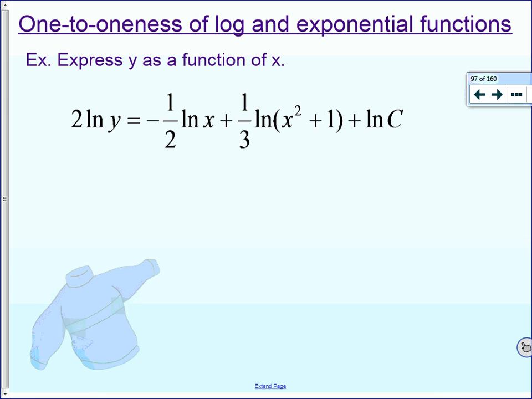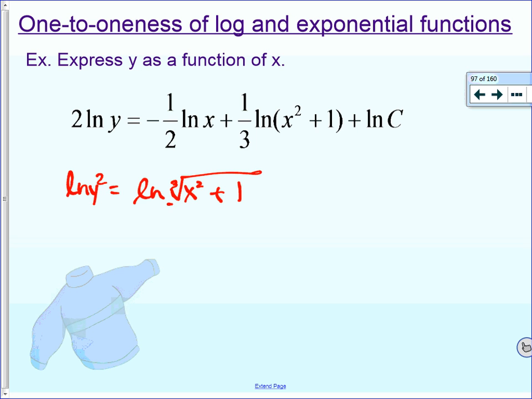So I am going to rewrite this as the natural log of y squared equals, I think I'm going to write this as ln of the cube root of x squared plus 1, because that one's positive, that one's negative.